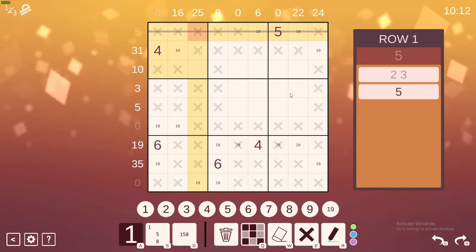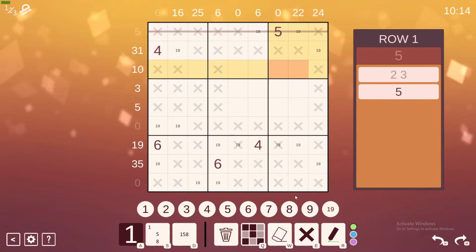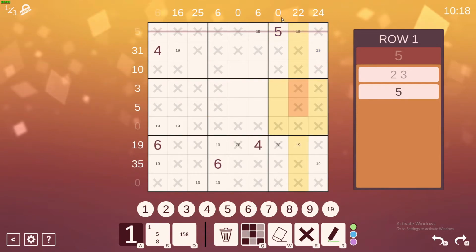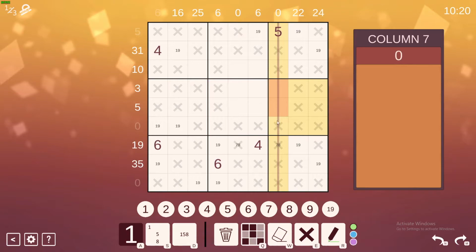We can also go ahead and place in a couple more X's, such as these ones. The 0 clue is now telling us our 1, 9 is there, and that's good because we have all of the X's placed, so it would have been pretty bad if that didn't work out like that.